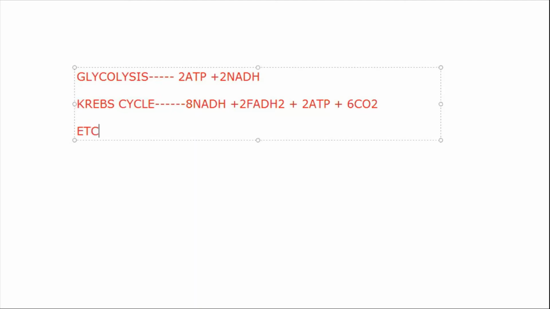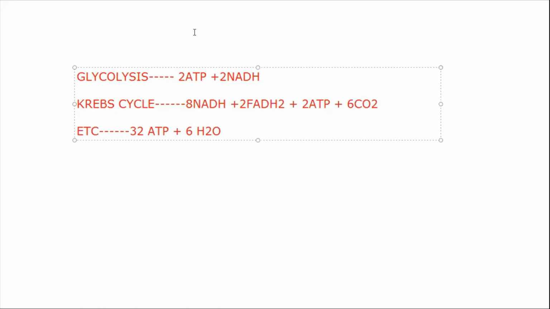ETC is simple, it will produce 32 ATP plus 6 H2O. Now, some of you will ask why 32?